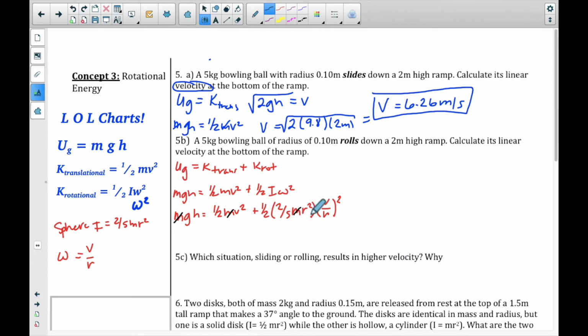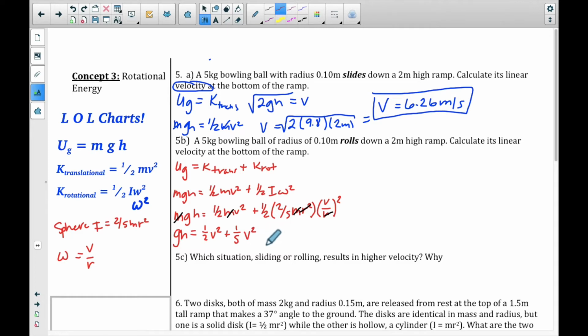Then this r squared and this r squared will also cancel each other out. So let's see what we're down to. We have a gh on the left. We have a 1/2 v squared, and now this 2 and this 2 are going to cancel, so we have a 1/5, and we have another v squared.